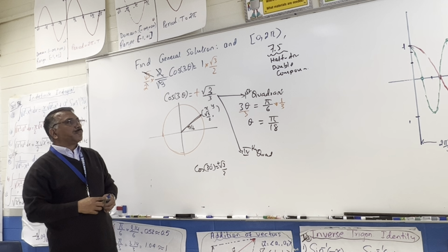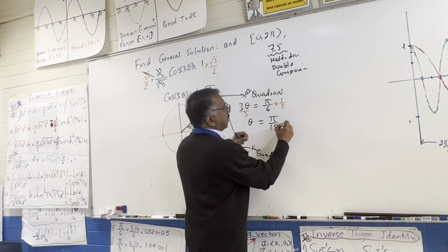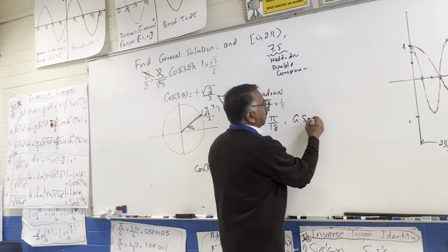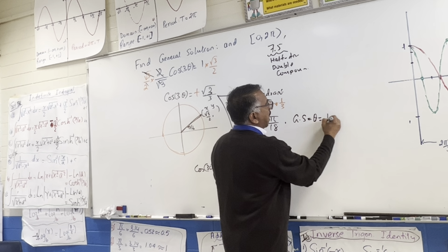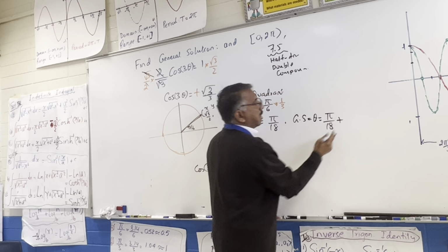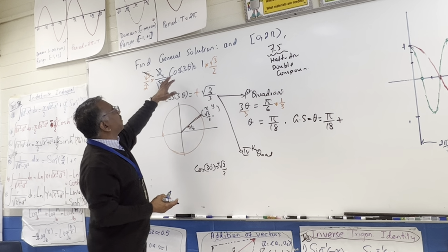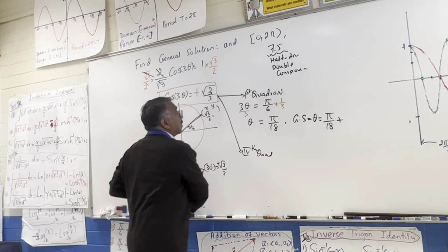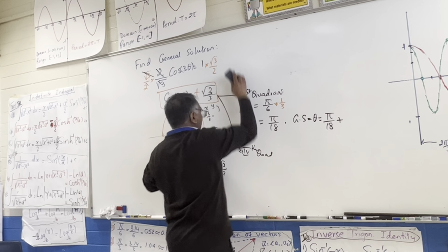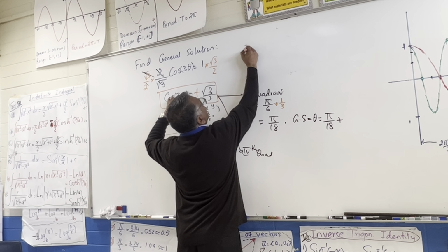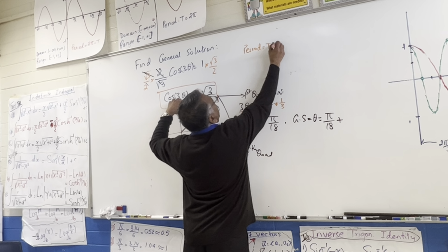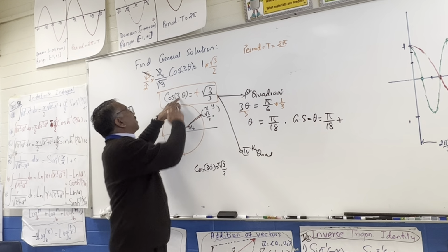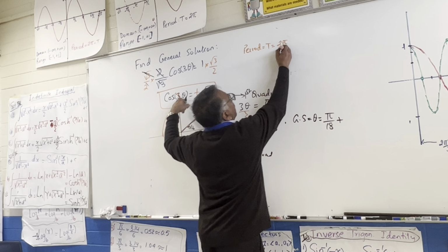But the general solution is pi by 18 plus, and you also have to see what the period of this function is. The period of the regular cosine function is 2 pi, and if the coefficient here is 3, you divide by 3.